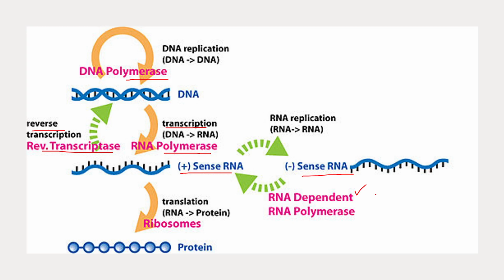Most drugs have been designed to target this RNA dependent RNA polymerase so that it won't affect the host body, but it will affect the prokaryotic infecting organism. That's why RDRP is quite essential and beneficial for developing drugs against such viruses and bacteria. That's the plus point of having RDRP. Understood?